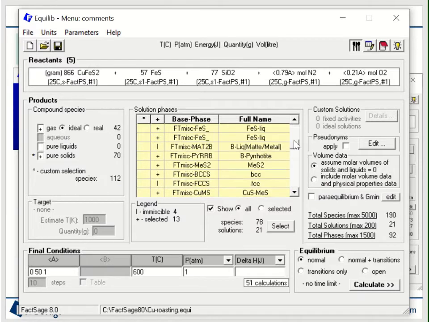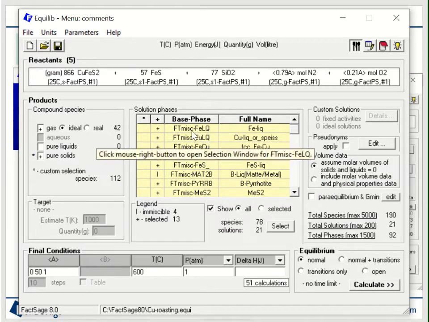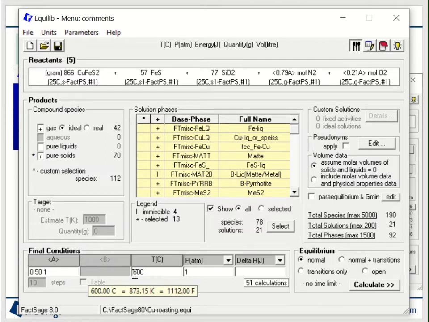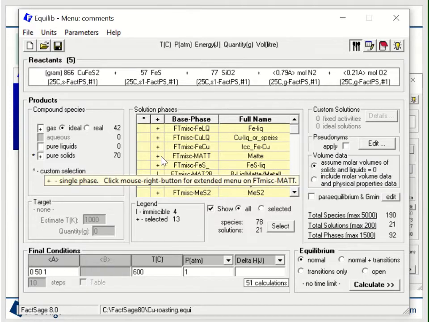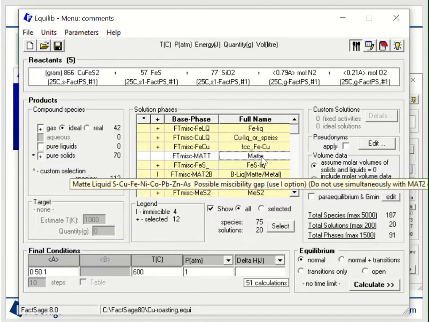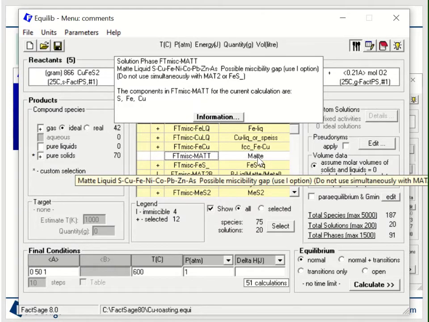Now, as I mentioned before, because this is at low temperature, 600 degrees Celsius, we know there's no liquid phase existing, so it's more of a phase diagram type of calculation. So it's better not to use this method, because it was for the smelting or converting process, the liquid state.